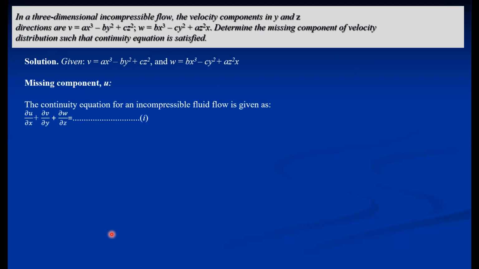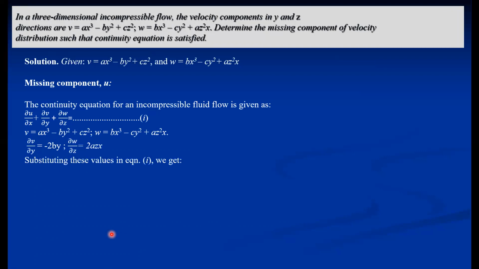According to the continuity equation, we can write in three-dimensional form. Here we can differentiate V with respect to y, W with respect to z, and substituting and putting in equation 1, we have ∂u/∂x is minus this, that is equal to 0.